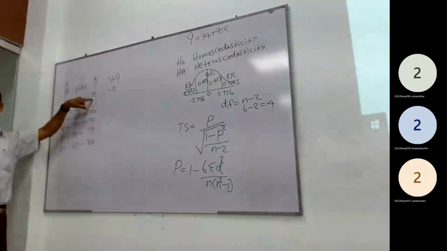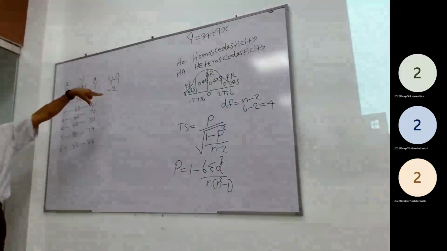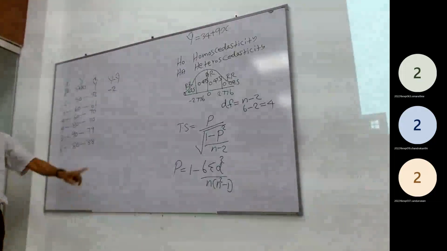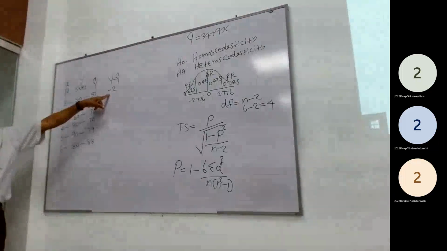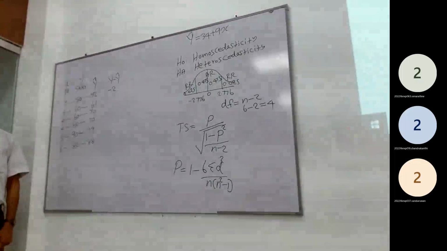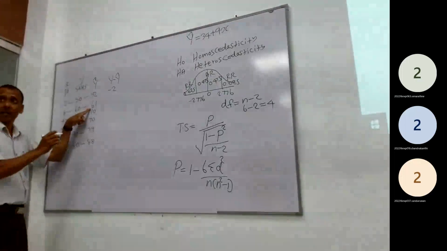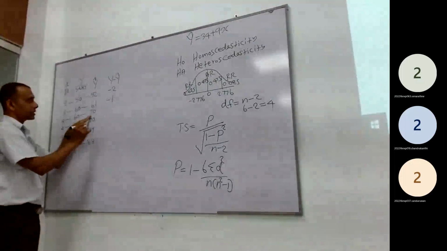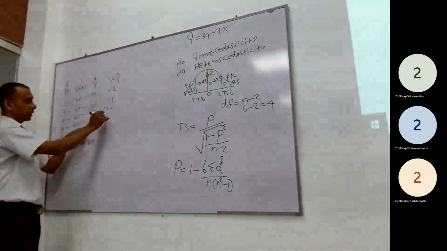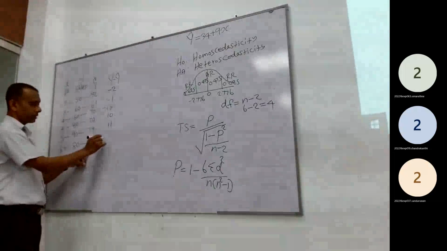This we also did when you calculated the Durbin-Watson test. 60 minus 61, minus 1. 60 minus 70, minus 10. 80 minus 70, plus 10. 90 minus 79, 11. 80 minus 88, minus 8.